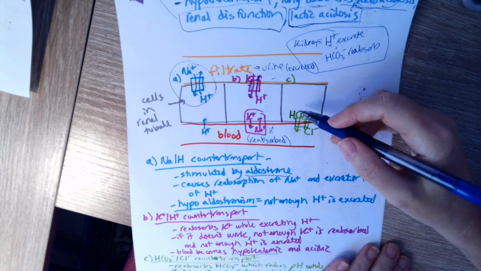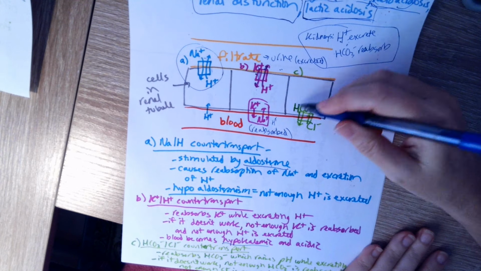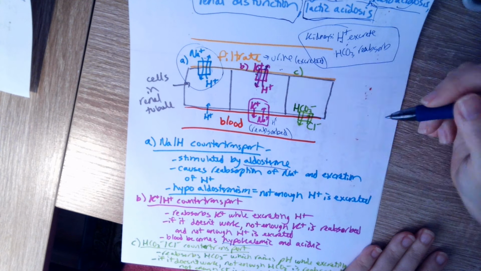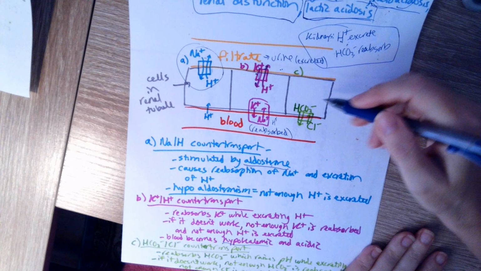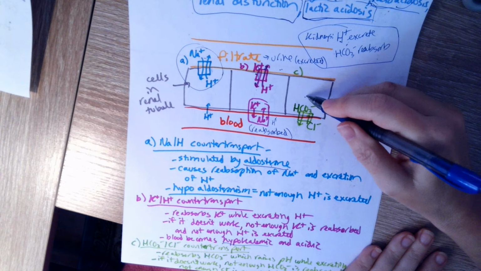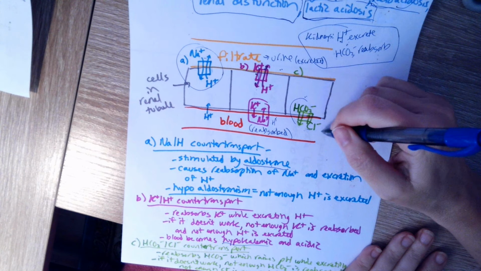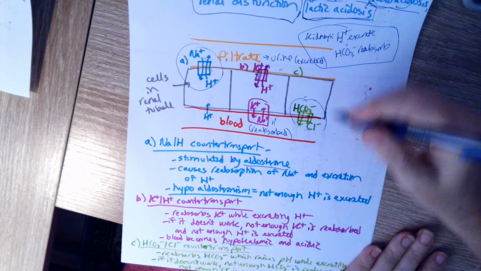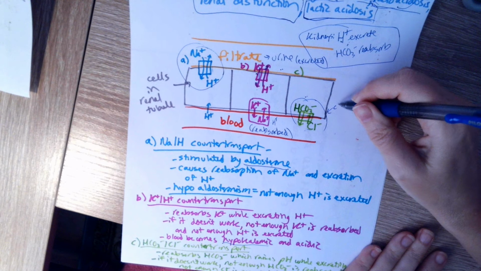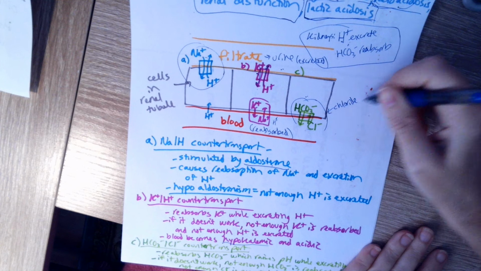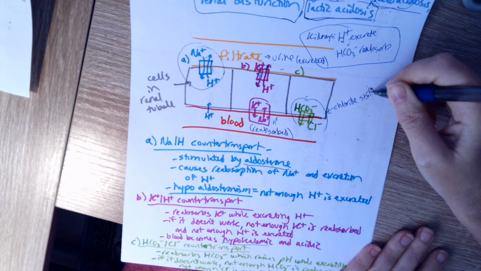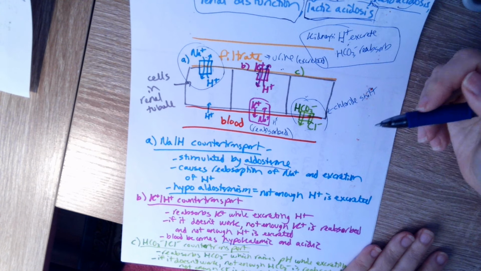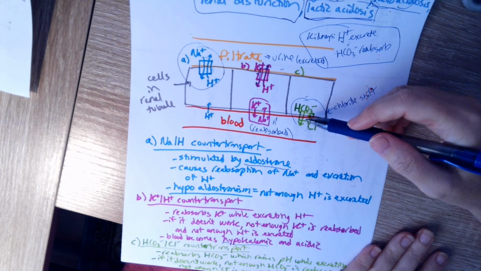Now the last carrier is dealing just with the interface between the cell and the blood. So it's not dealing so much with the filtrate, it's dealing just with the cell and the blood. And that's this one, another countertransport mechanism called the chloride shift. Essentially, you're shifting chlorine to trade it for bicarbonate.